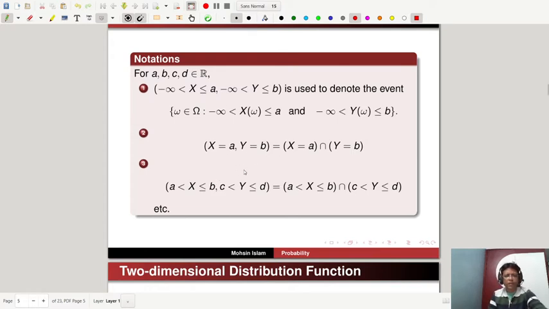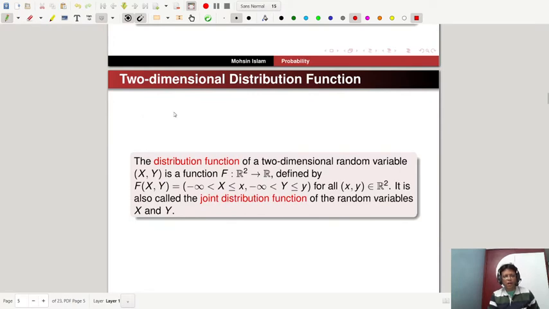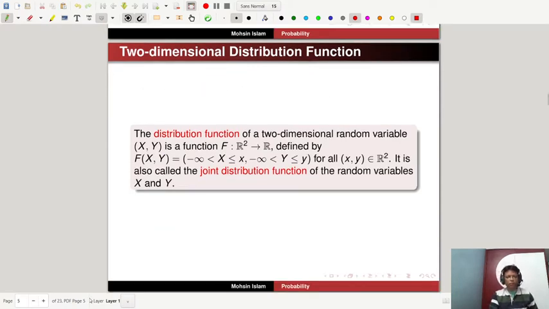Next we'll define the two-dimensional distribution function. In the beginning of probability we already discussed the distribution function of a single random variable and its properties. There are a lot of properties, and we will prove similar things for the two-dimensional distribution. So what is the definition?